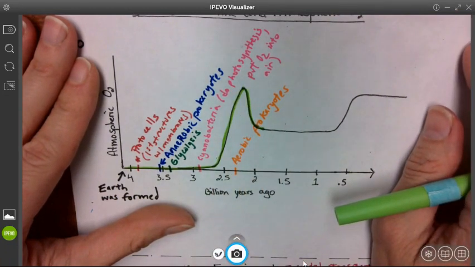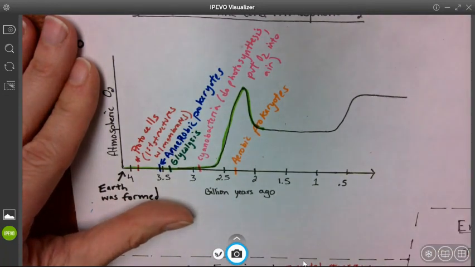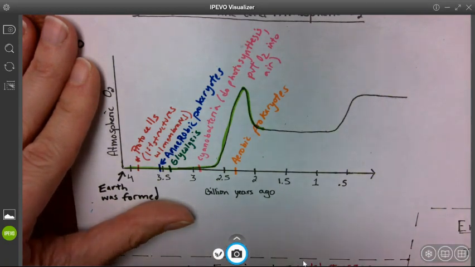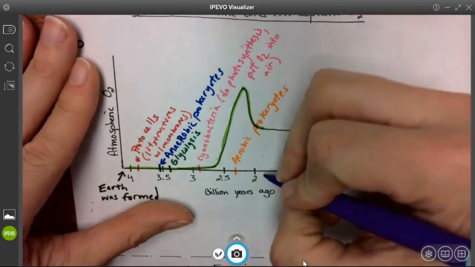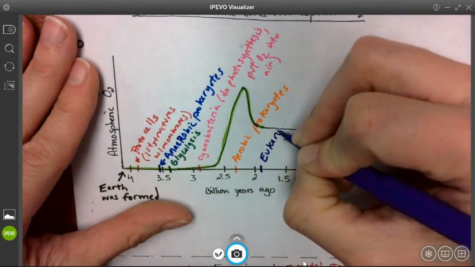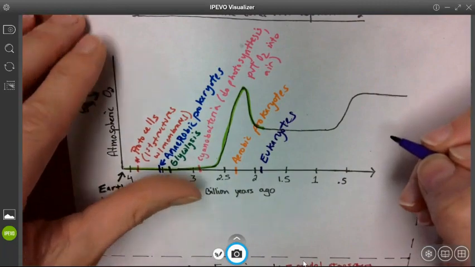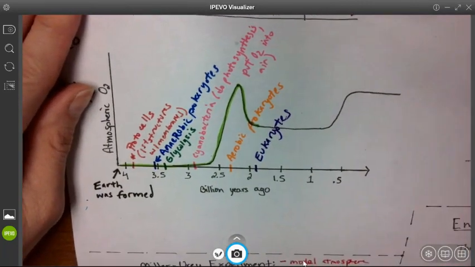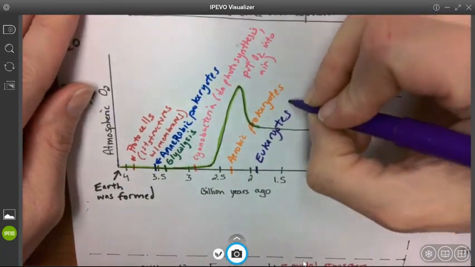And then at about 1.8 billion years ago, you see the rise of the eukaryotes. And you see the rise of the eukaryotes, okay, after endosymbiosis.